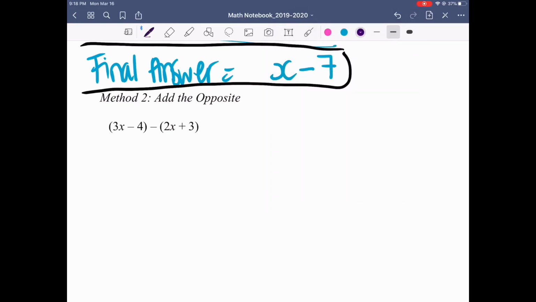So for method 2, I'm going to write out the steps on the side so that we can solve the problems.